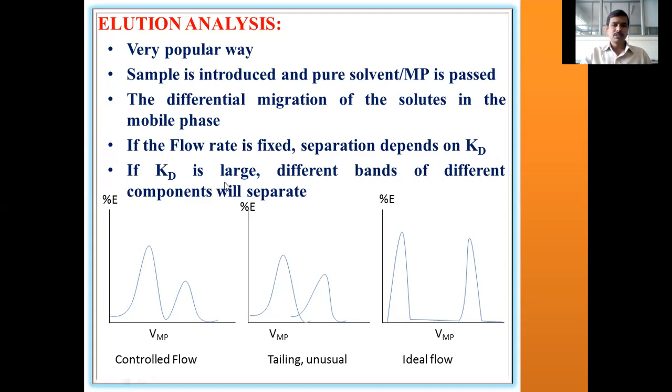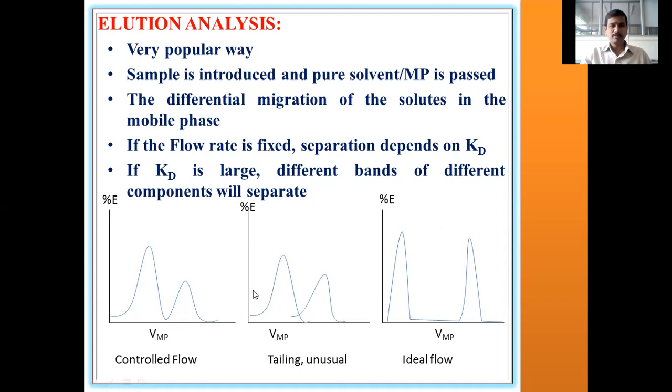If the distribution constant Kd is large, then different bands of different components will be separated more efficiently. So more efficient separation of different compounds is possible whenever the distribution constant is large. So this is elution analysis.